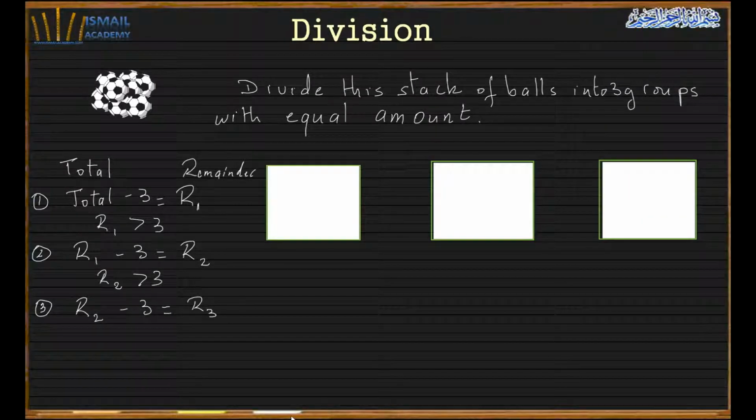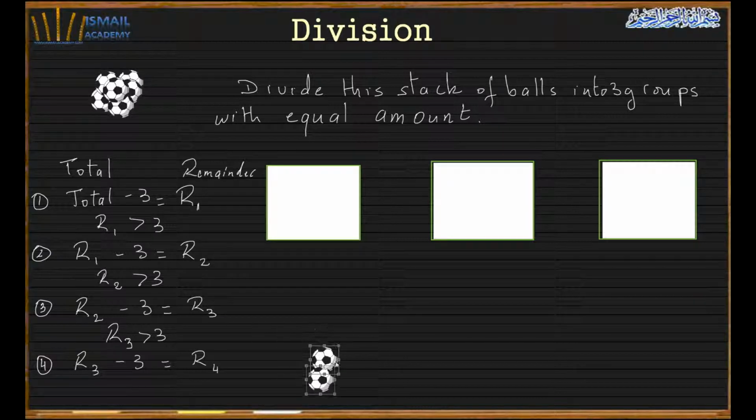Again, I check if my remainder is greater than 3. Obviously it's greater than 3, so I do the process again. I reduce my remainder by 3 and I will have a fourth remainder. I do the same idea: I get 3 balls, and I put each one into the box.